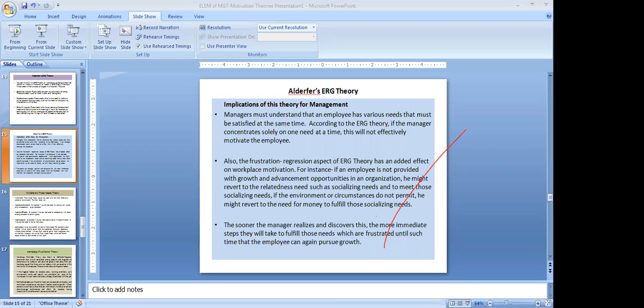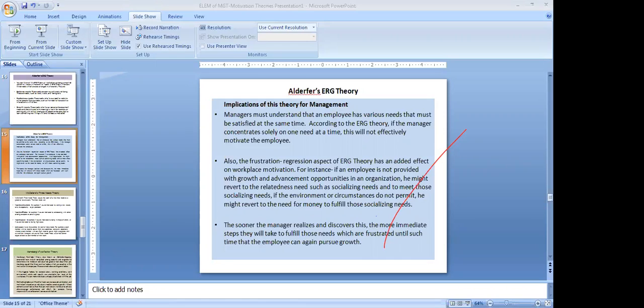But this growth theory recognizes that there may be a time that an employee or man will seek for a higher order need. For instance, he may move from existence to relatedness, and then at that point he may be seeking for growth needs.